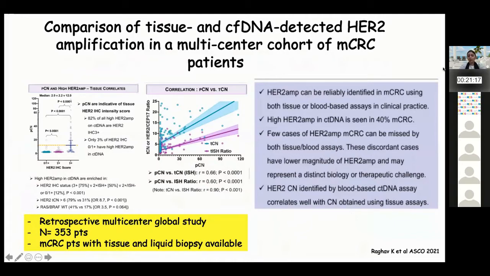And what the authors concluded was HER2 amplification could be reliably identified using both tissue as well as blood-based assays. But what for me was more interesting was that there were some patients that you would miss with tissue and that you would miss with liquid biopsy in terms of trying to determine that HER2 amplification. So it makes me think that perhaps we need to be doing both when one is negative versus the other.